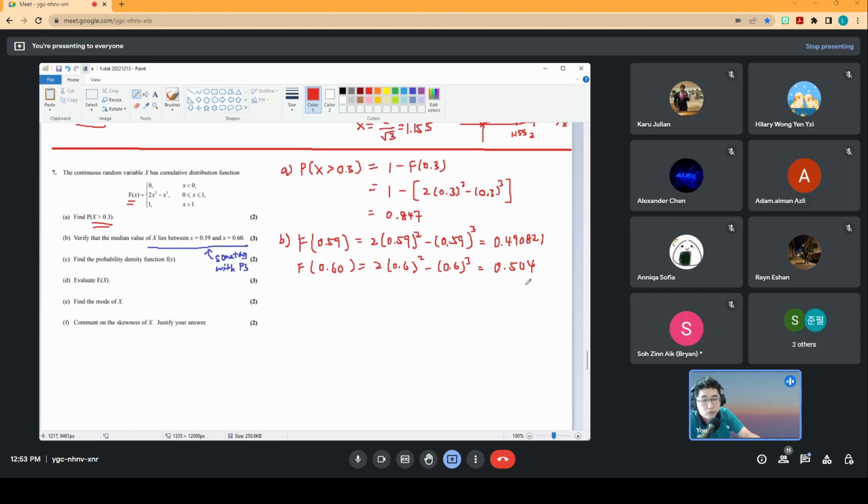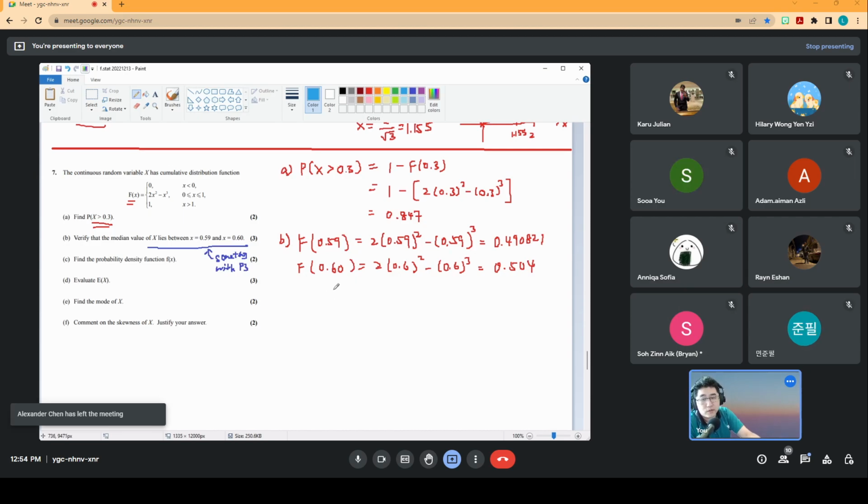So seniors, how do I make a conclusion? You see if there's a change in sign. There is no change in sign over here. They are both positive values. You should say that it's because it's more than and less than 0.5.